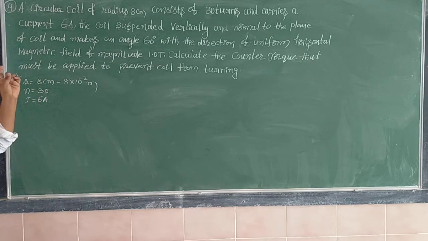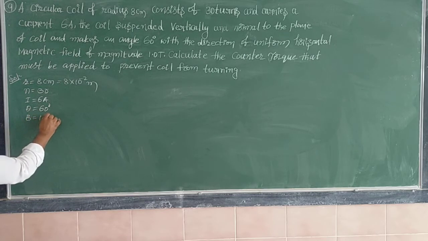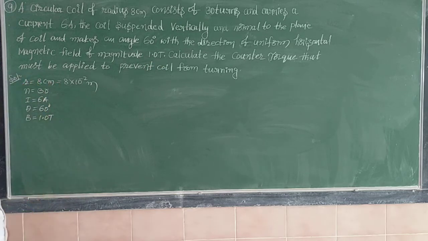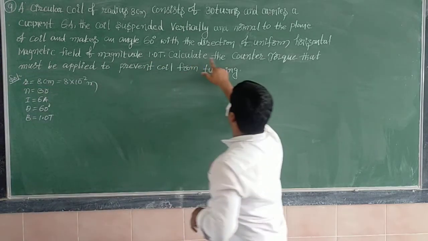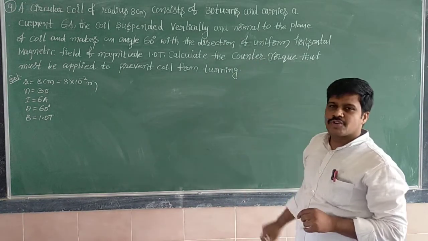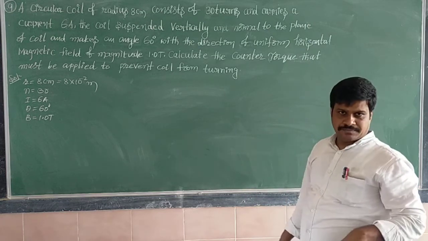The coil is vertical, and the normal to the plane of the coil makes an angle of 60 degrees with the direction of the horizontal magnetic field, which is nothing but 1.0 Tesla. The question is to calculate the counter torque that must be applied to the coil to prevent the turn.